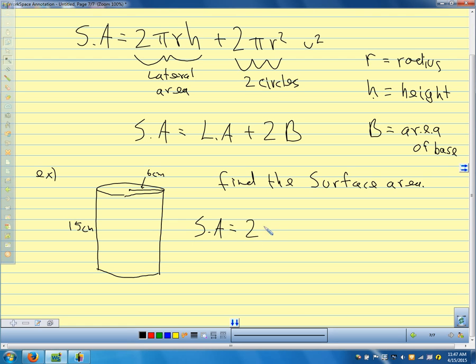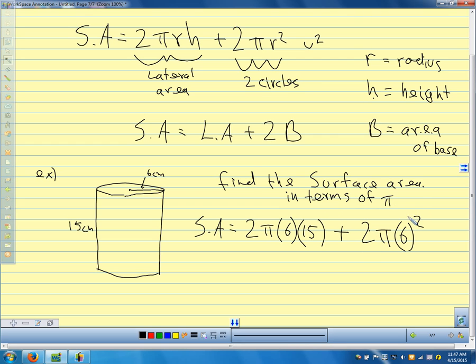So our surface area is going to be 2 pi. The radius is 6. The height, 15. That gives me the area of the rectangle that makes up the side, plus 2 pi r squared. That's 2 of the circles that make up the base. And let's say we want to find the surface area in terms of pi.